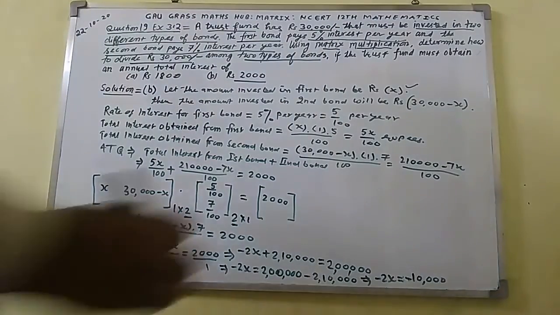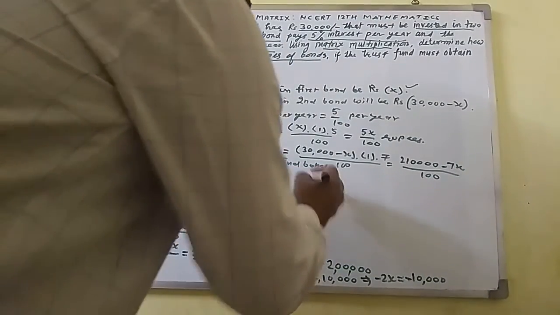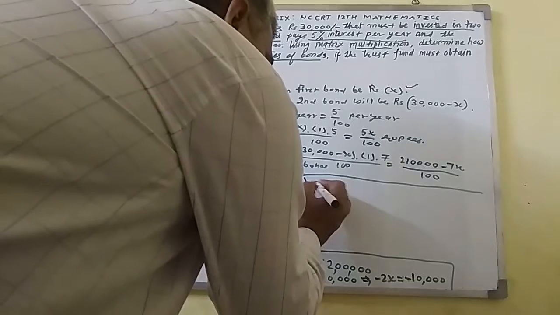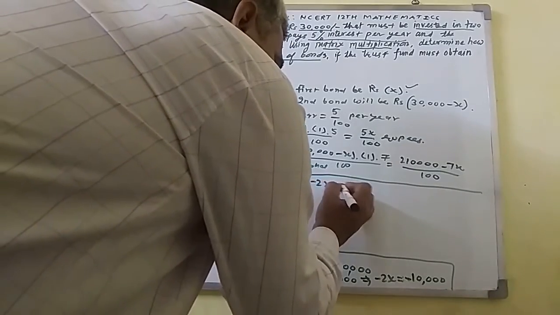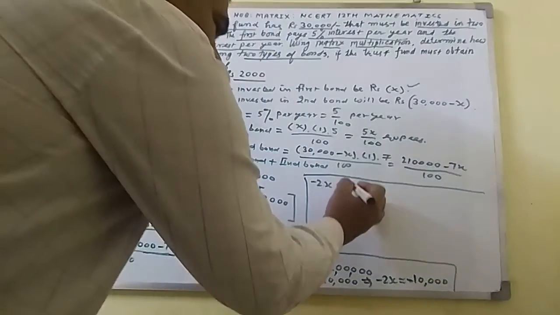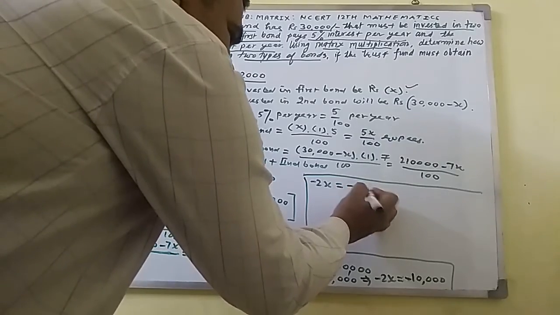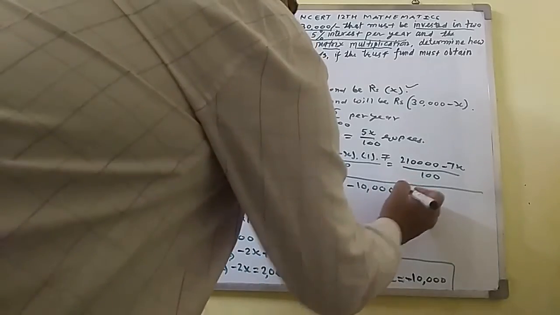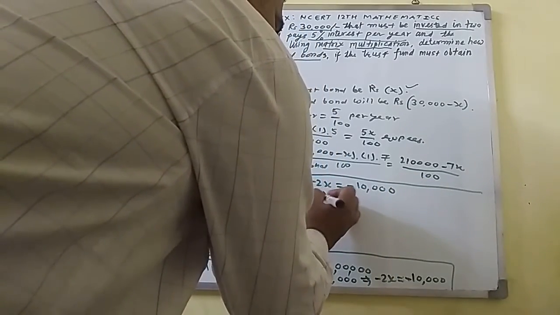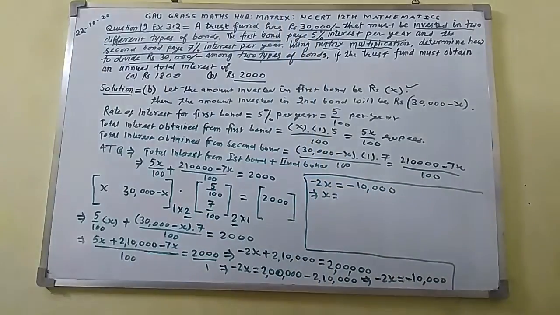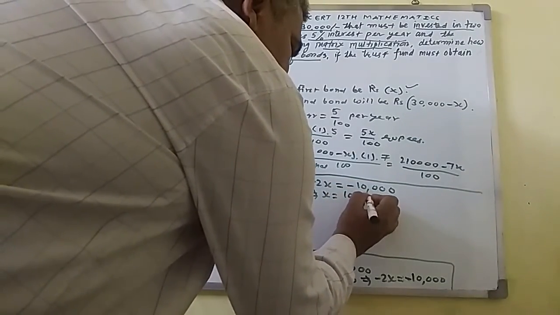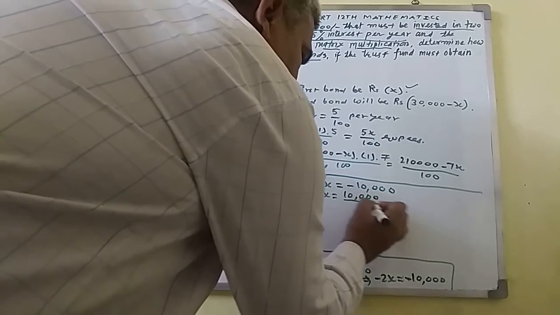So here we have got minus 2x equal to minus 10,000. So you can write very well that x equal to 10,000 over 2.